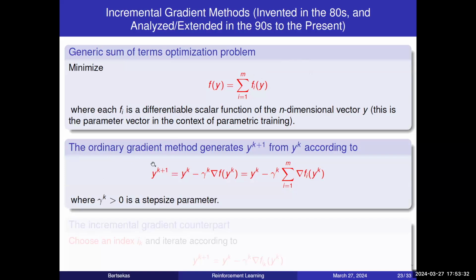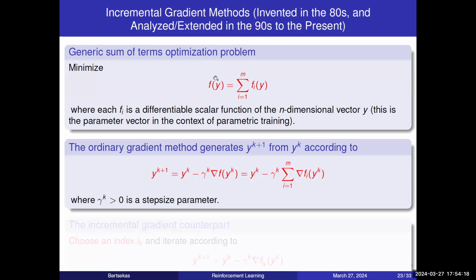The ordinary gradient method generates a sequence of parameter n-dimensional vectors y, generating y_{k+1} from y_k according to this formula, which changes y_k with this term, the opposite of the gradient evaluated at y_k, scaled by gamma k.